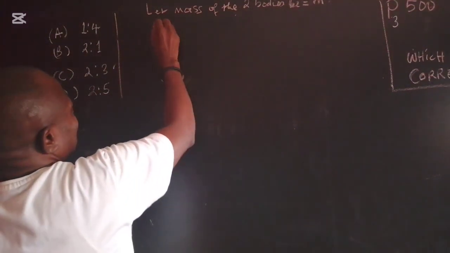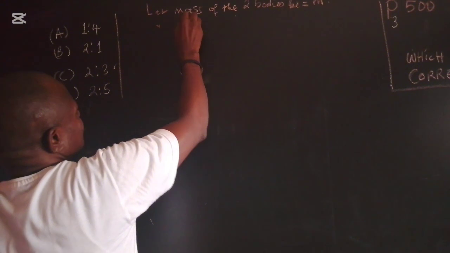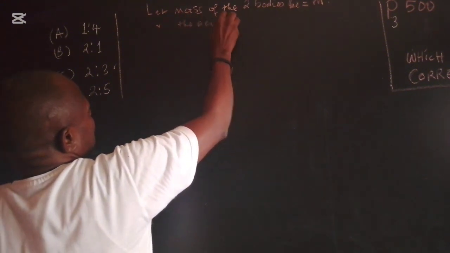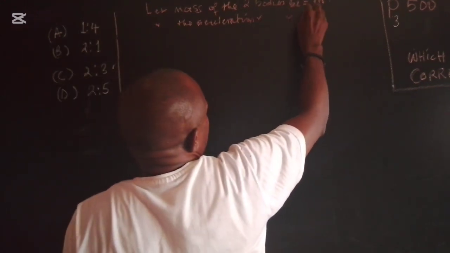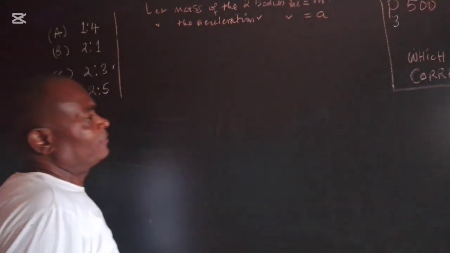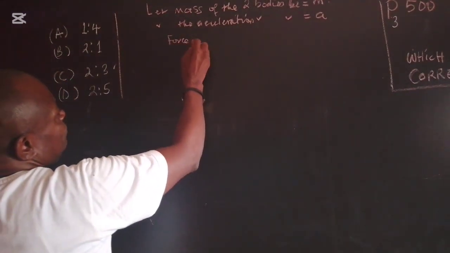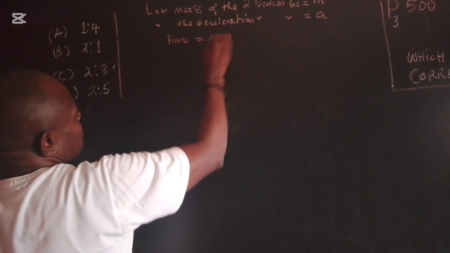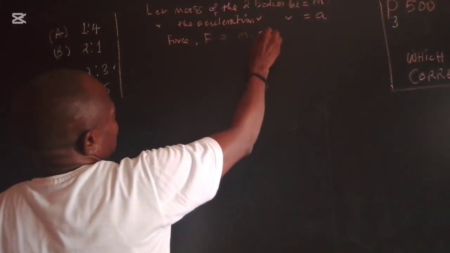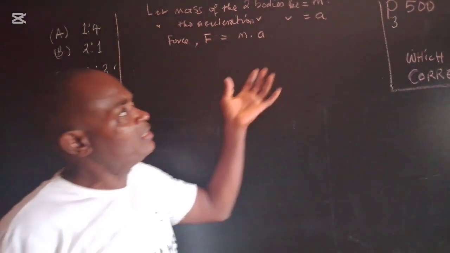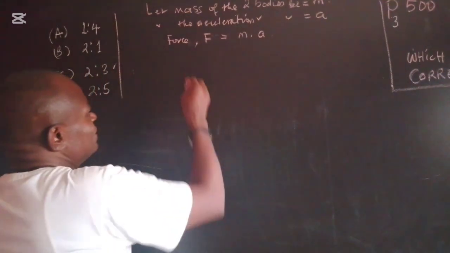And also let the acceleration of the two bodies be small letter a. Generally we know that the formula for force is mass times acceleration, F equals m times a. Now all of these are foundations of the question, and they will help us. So let's deal with case one.